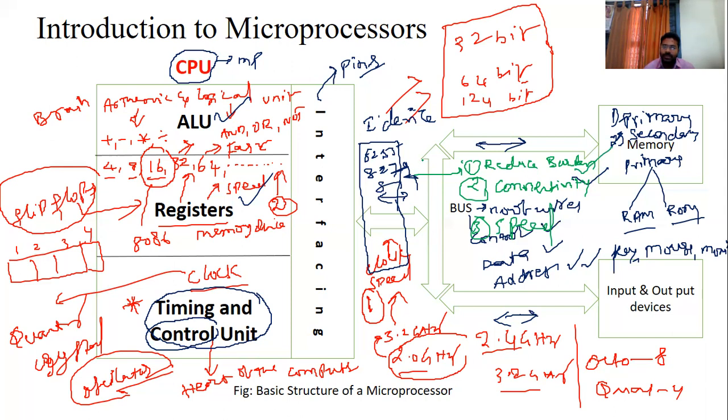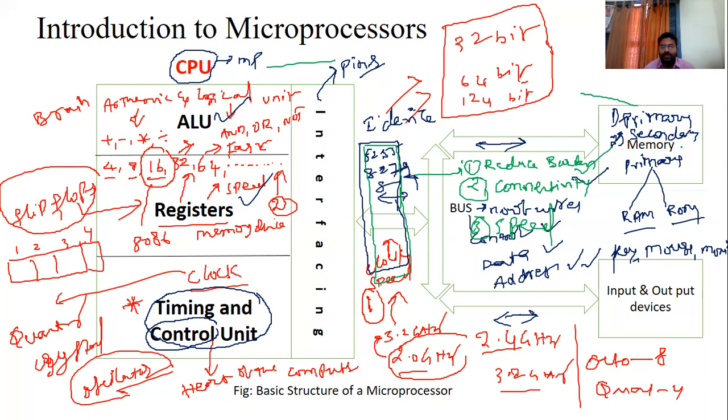Why are you using interfacing devices? You have different types of interfacing devices, and the third chapter is entirely dedicated to this. In between the CPU and the outside devices, memory and input output devices, we have these interfacing devices.